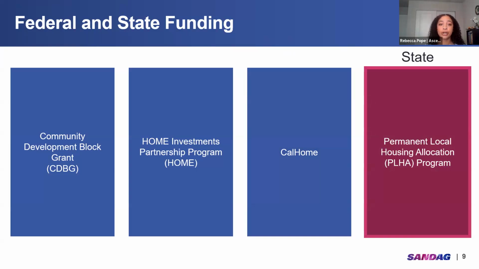So formula grants are available based on the same formula used for CDBG, but competitive grants are available to non-entitlement jurisdictions as well. Some of the eligible activities under PLHA include acquisition, rehabilitation, and preservation of rental and ownership housing, including ADUs.